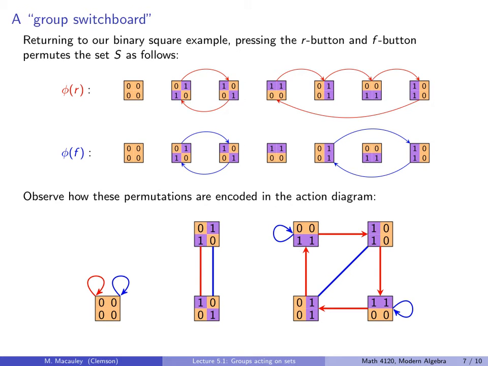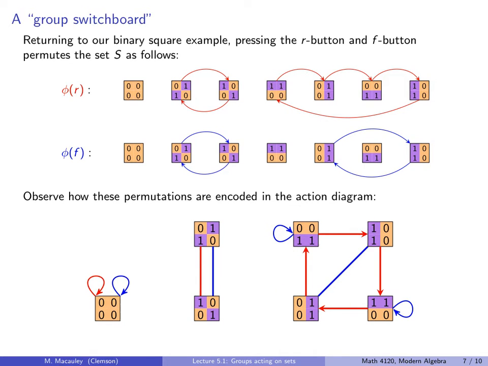Observe how these permutations are encoded in the action diagram. I'm essentially overlaying these permutations on top of each other. So when I overlay these nodes and these nodes, because they're the same, I get this component. And when I overlay this with these 4, I get this.